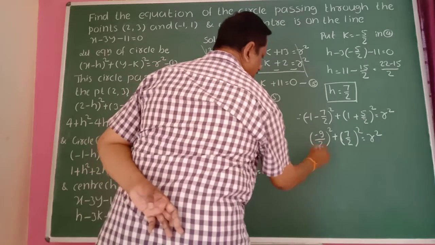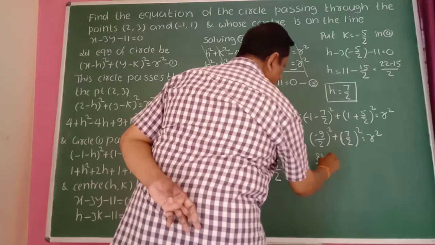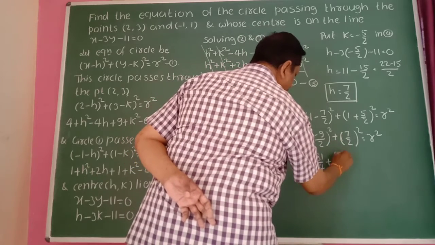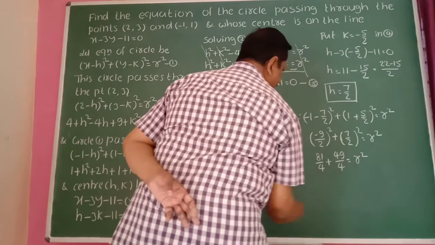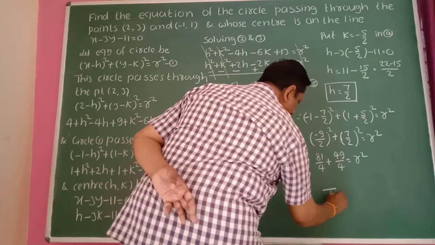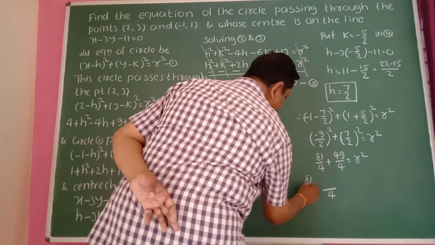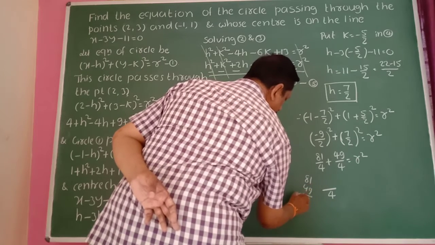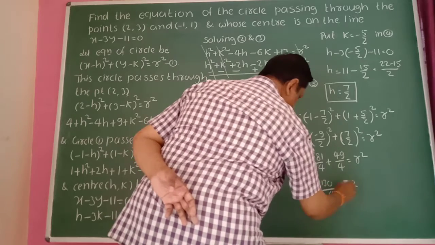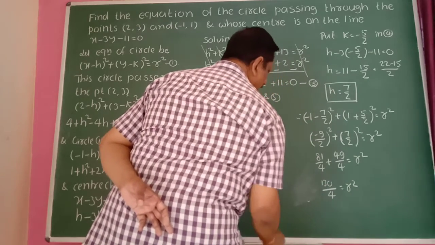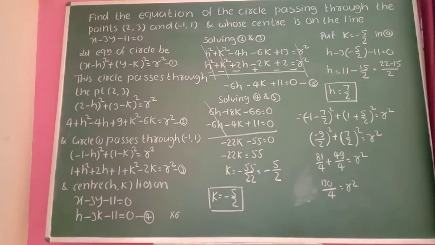Minus 9 upon 2 squared is 81 divided by 4, plus 7 squared is 49 by 4, equal to r square. Then 81 plus 49 gives 130, so r square is equal to 130 divided by 4.